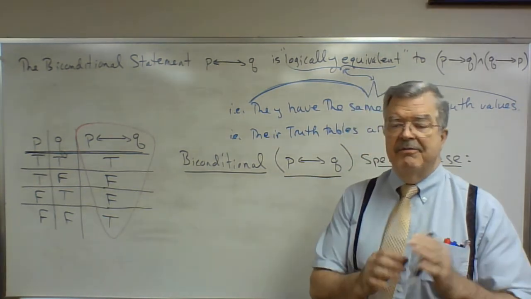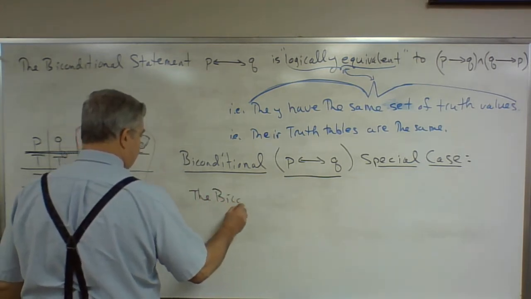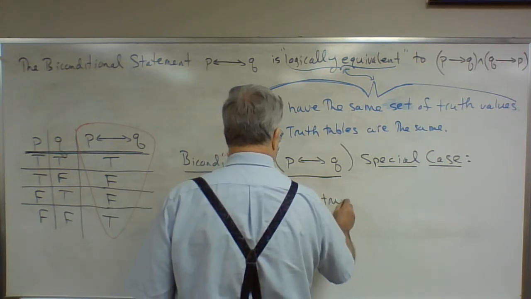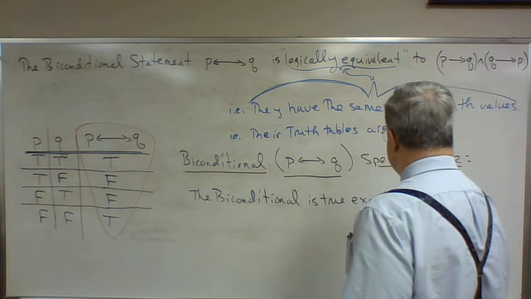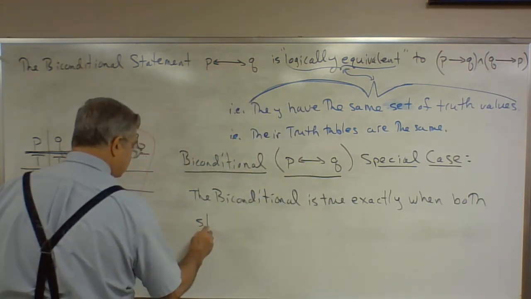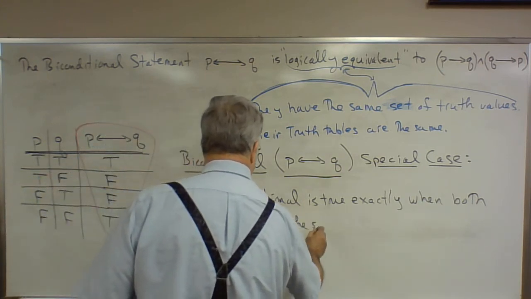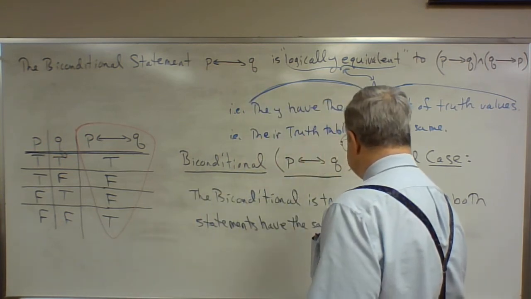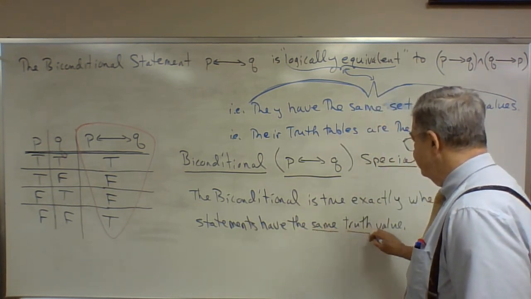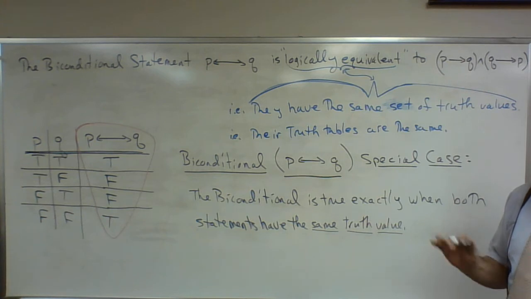They're either both true or they're both false. So when they're both true or they're both false, the biconditional statement is true. It's false all other times.